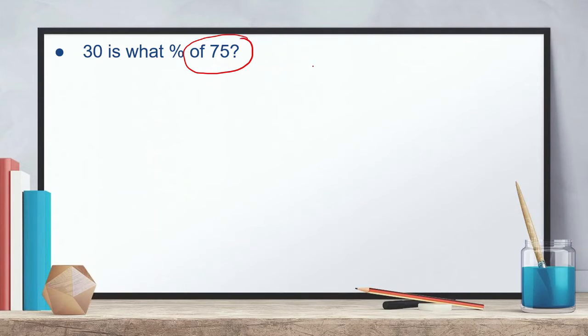So here 75 is after "of", so 75 will be in the denominator, and the other number, that is 30, will be in the numerator, and there will be 100%. If we calculate this, we cancel by 4, and here it will be 3, and 3 tens are 30. So the answer will be 40%. Clear? So 30 is what percent of 75? 40%.